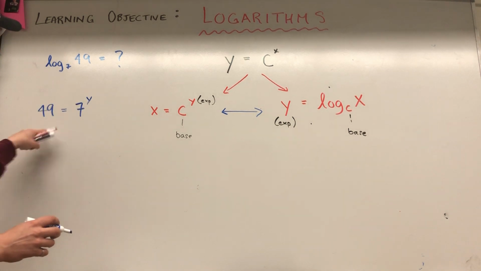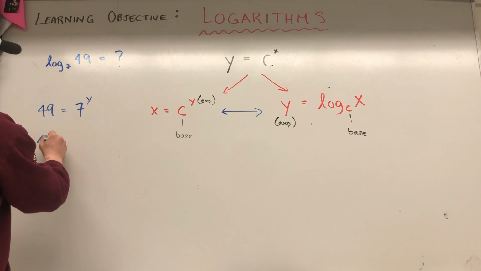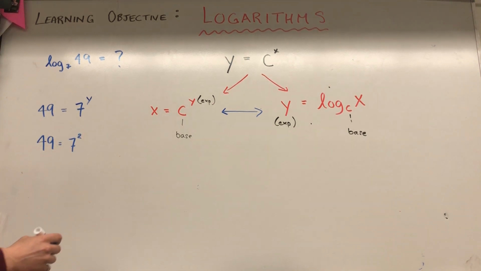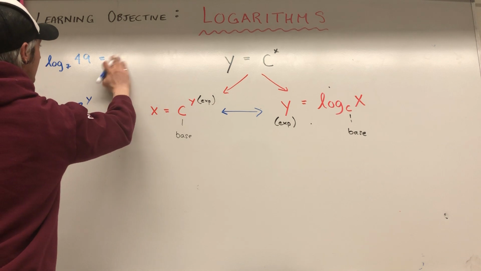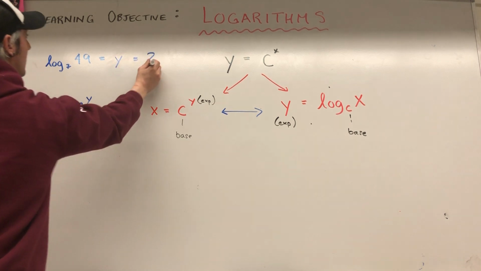Well, 7 to the power of what gives 49? 7 squared. That's correct. So basically, the log base 7 of 49, which is equal to y, is equal to 2.